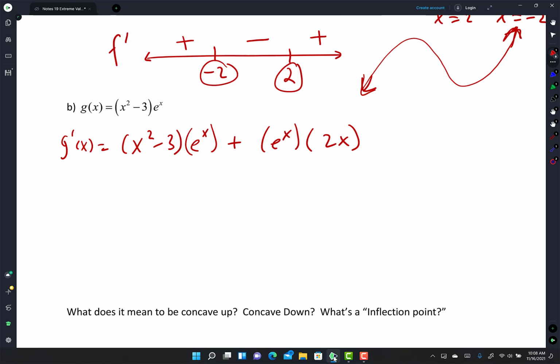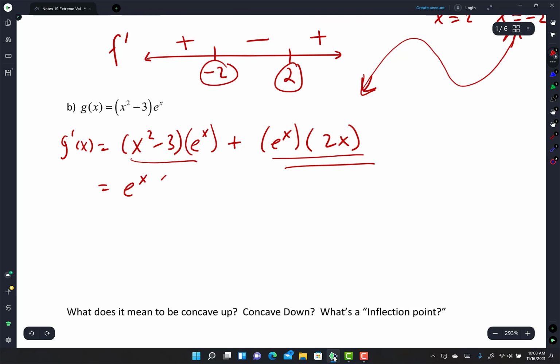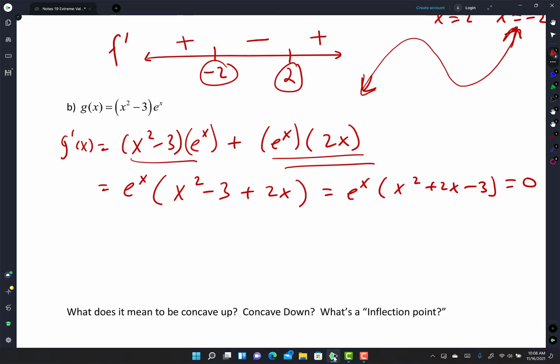I'm going to factor out an e to the x. x squared minus 3 plus 2x. And that looks like it's factorable. Set that equal to 0. e to the x will never be 0, but I have some factors. e to the x never touches 0.